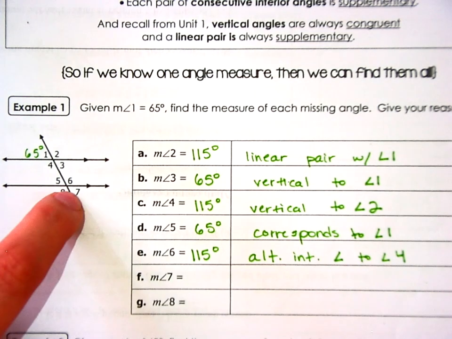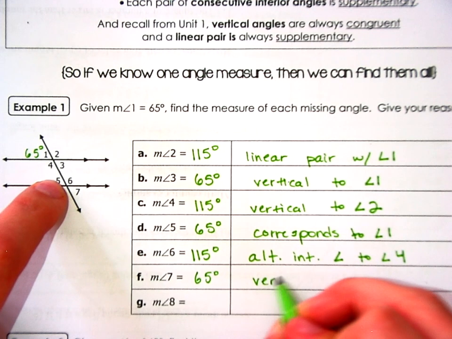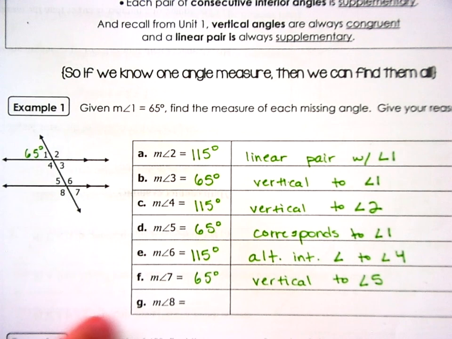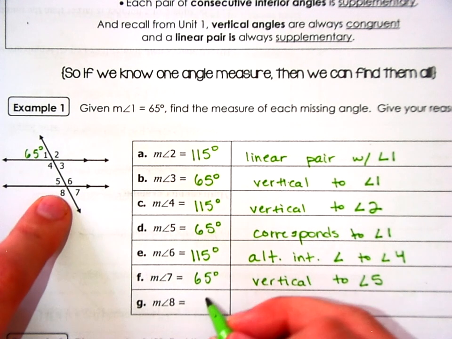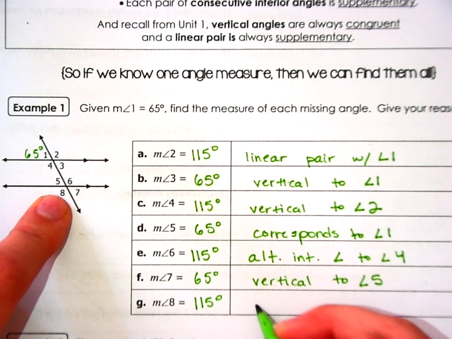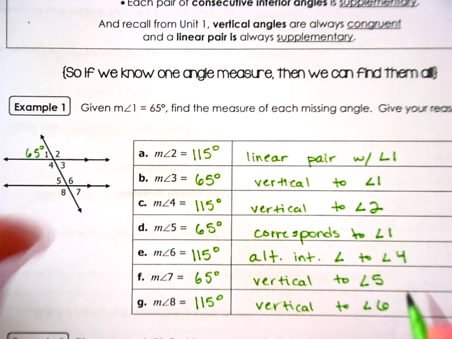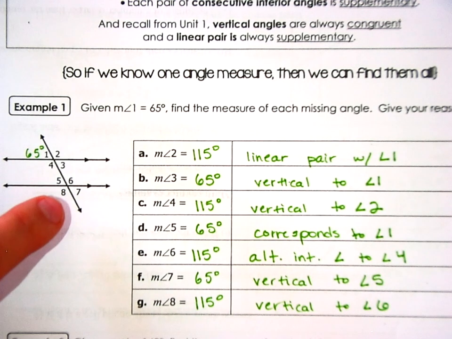Angle 7, I like vertical angles, so I'm going to say it's the same as angle 5. So vertical to angle 5. And then last one, angle 8. 8 is vertical to angle 6. So it's the same. Vertical to angle 6. Okay, so again, just going through and deciding what the measure is and why.